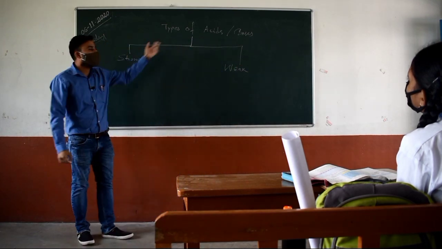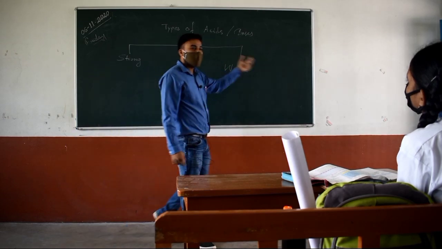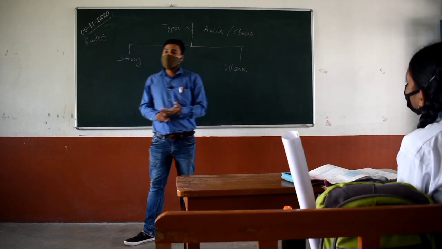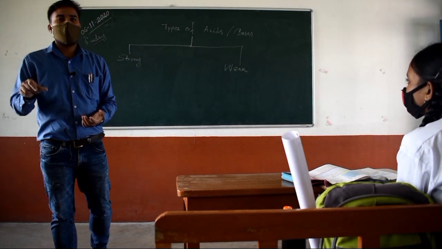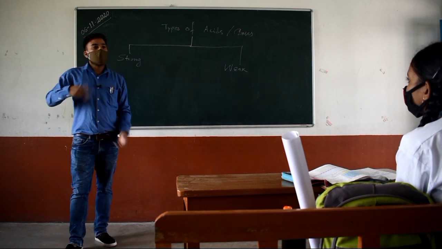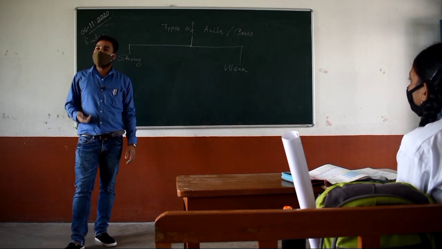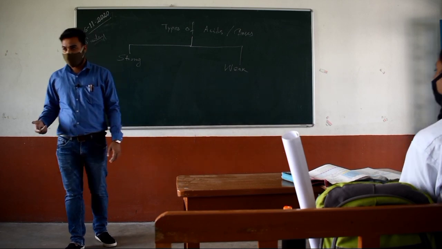That means strong acid, strong base, or weak acid, weak base. Now the question is, how to determine whether a particular acid or base is strong in nature? How will we know whether a particular acid or base is strong or weak?